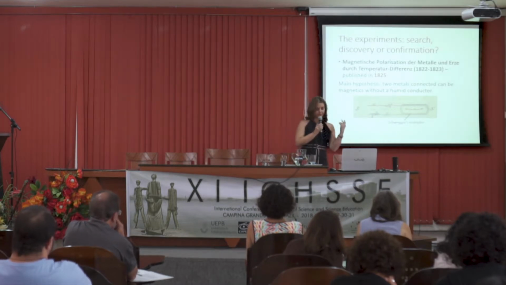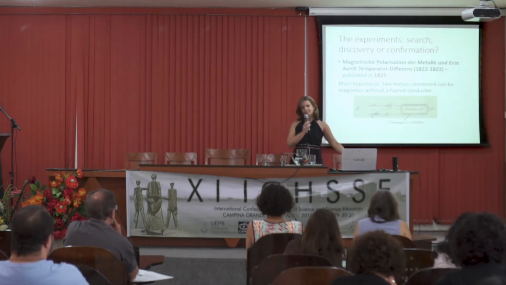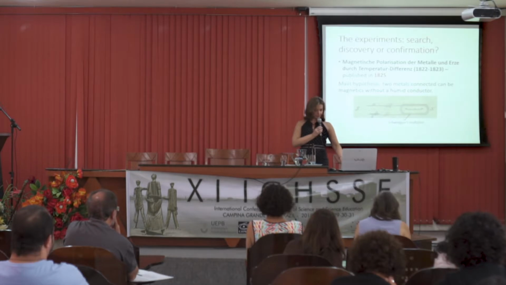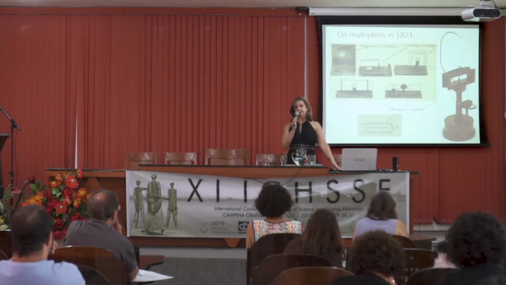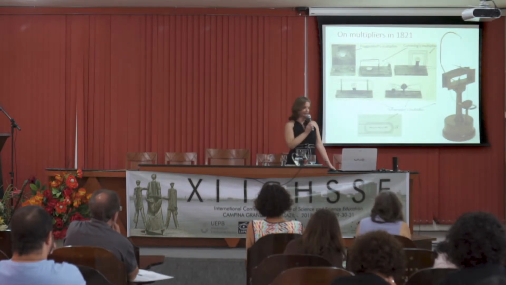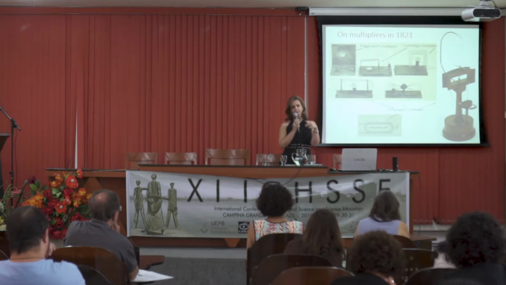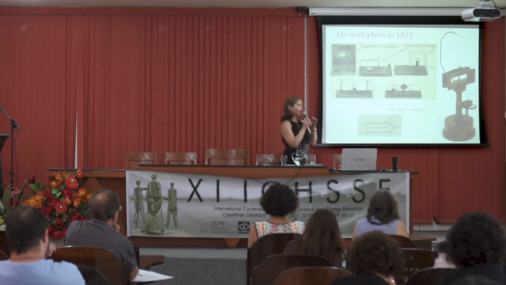Well, this was the first challenge to replicate the material, because he said Schweigger multiplier, but in 1821 we have many kinds of multipliers just because of Ørsted. So you have at least 3 different multipliers. Poggendorff and Schweigger only describe how this multiplier could be, but we don't have any picture of it.